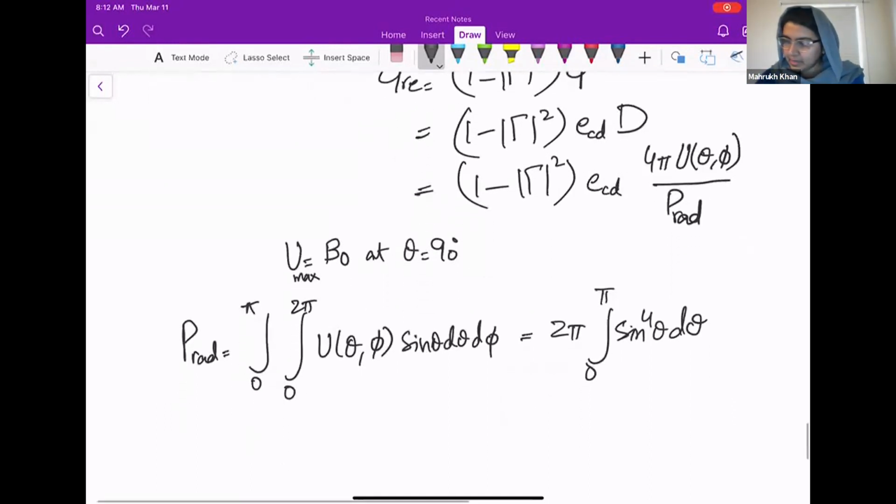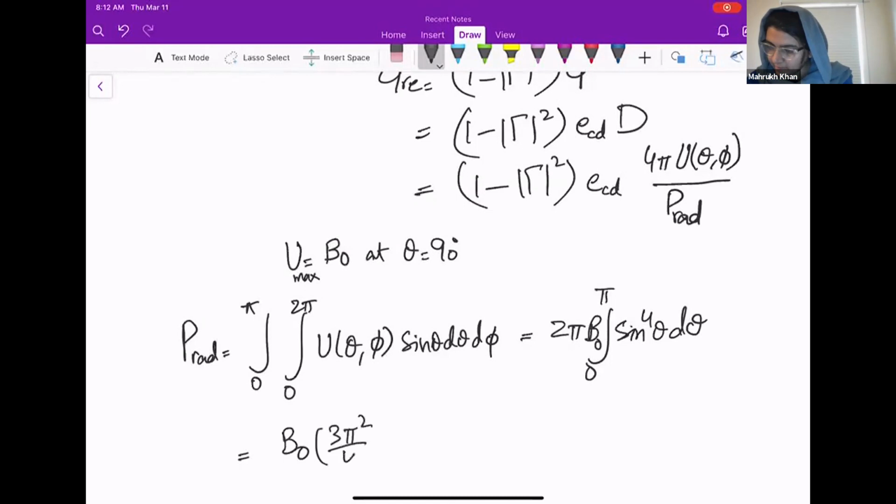Right? And when you solve it, it should give you, sorry, B naught as well. So I think I am not solving the integral, and it should give me B naught 3 pi squared by 4.